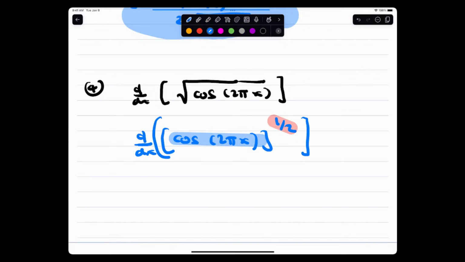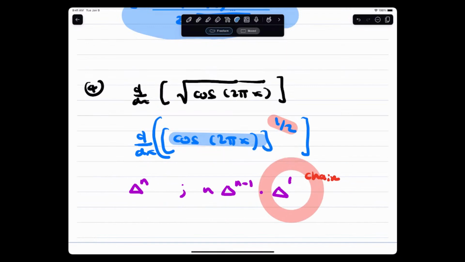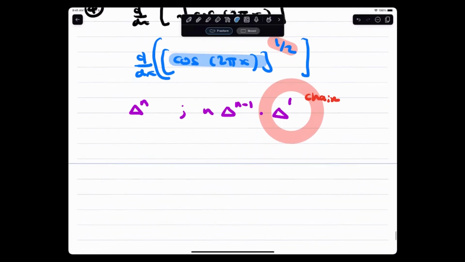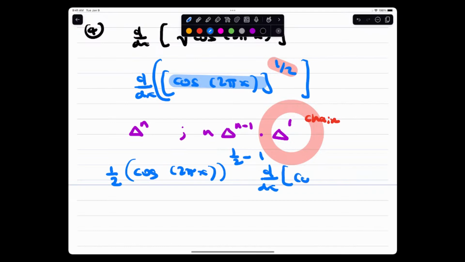So we're going to use, again, power rule with chain rule. Okay, you guys with me on that? So how does that look? That's 1/2 again, cosine 2 pi x to what power again? 1/2 minus 1.